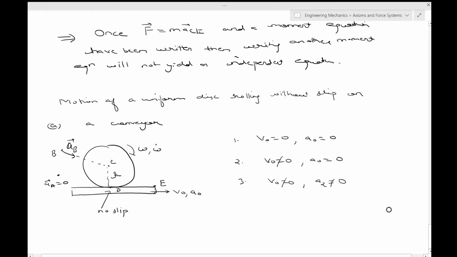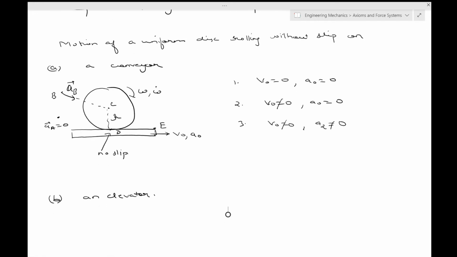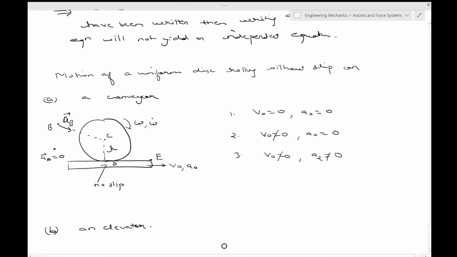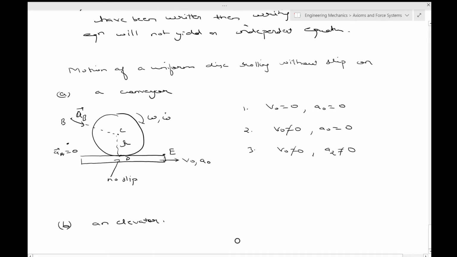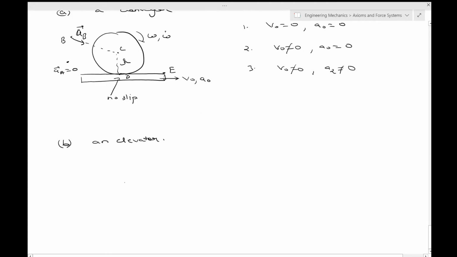Let me now take an elevator. So now the uniform disk is rolling without slip. Earlier it was rolling without slip on a conveyor. Now it is rolling without slip on an elevator. So I'll do this again.